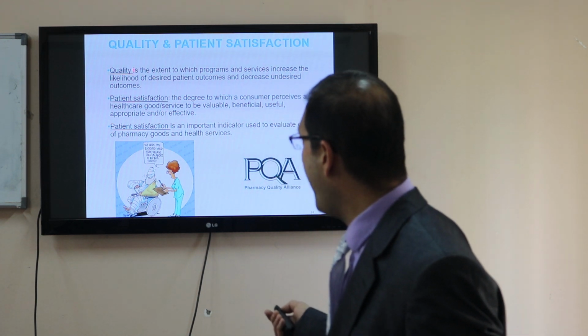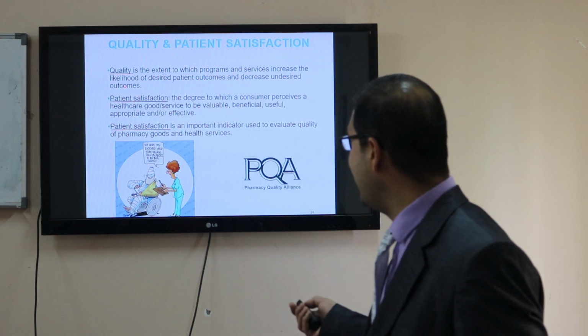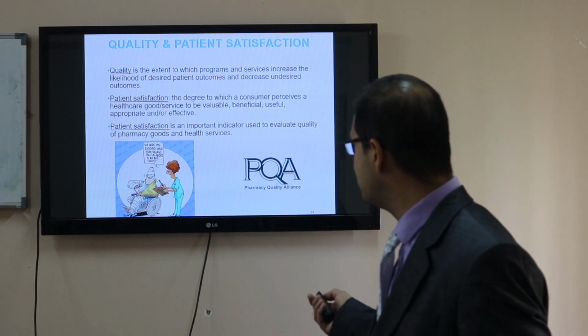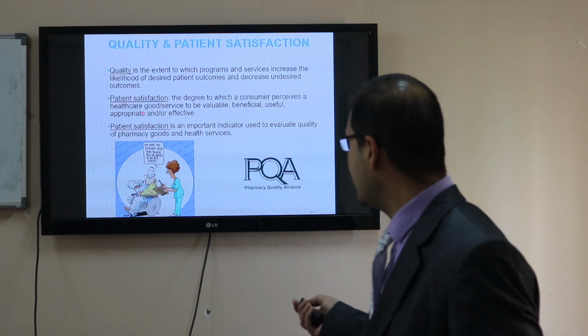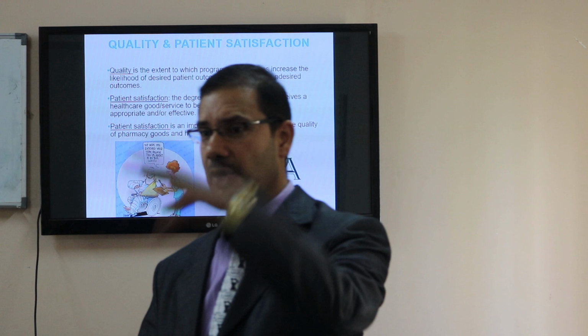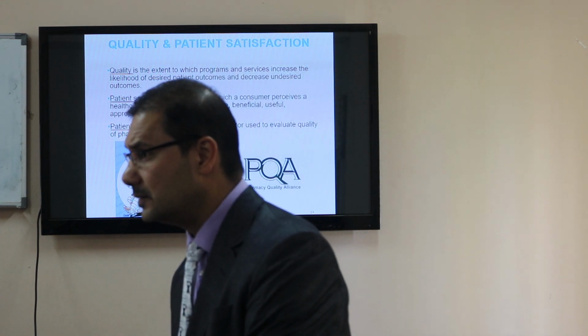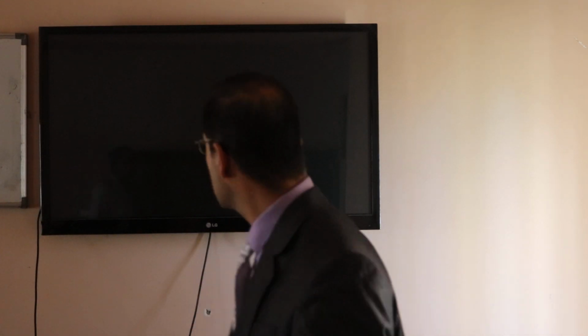So what do we mean by quality? It is the extent to which programs and services increase the likelihood of desired patient outcomes and decrease undesired outcomes. If we have higher quality, we have better outcomes. If we have lower quality, we have worse outcomes, like patient outcomes. I'm talking about the patient outcome.